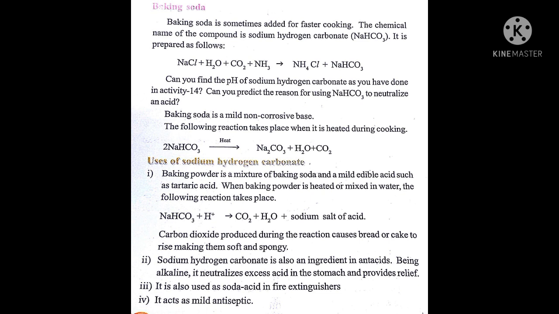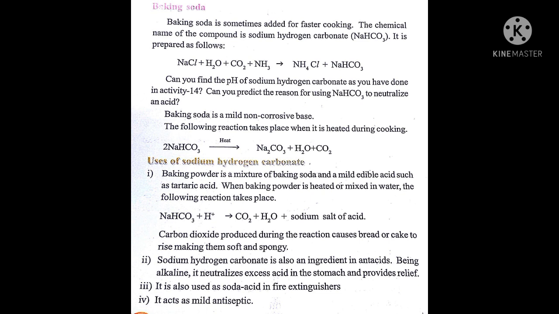Have a look at the preparation. NaCl plus H2O plus CO2 plus NH3 gives NH4Cl plus NaHCO3. Here NH3 is ammonia, NH4Cl is ammonium chloride.